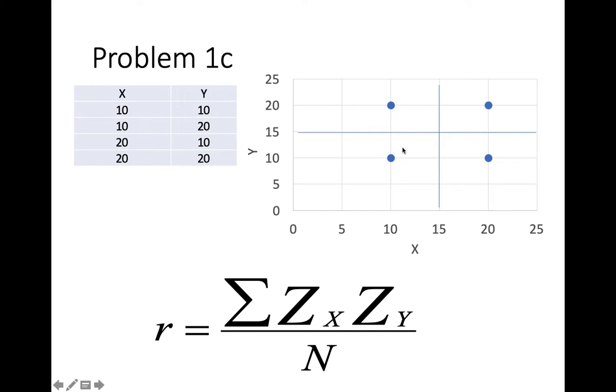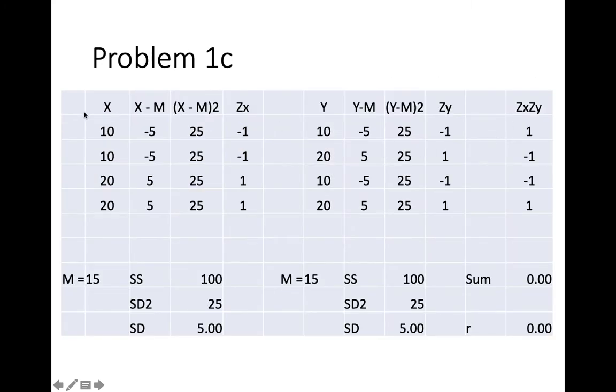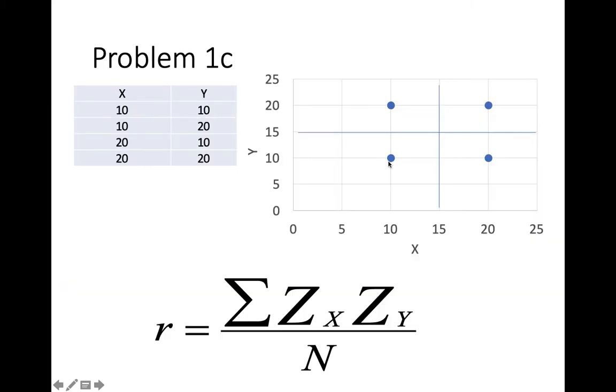Just putting these in the quadrants or the grids, we can map on our different cross products with each of the points. So if we go to 10 and 10, that was a cross product of 1. And so we can see that we've got a positive cross product.